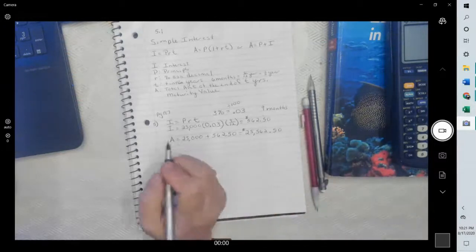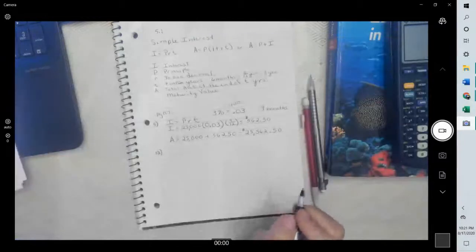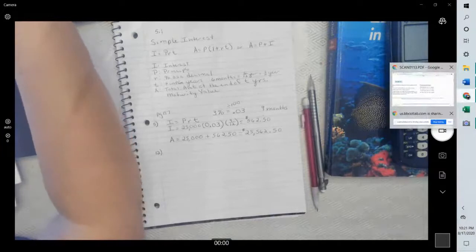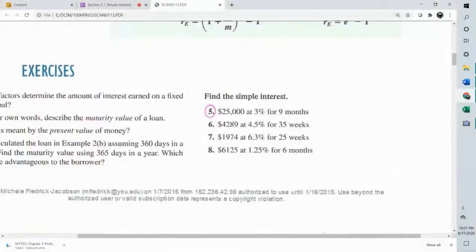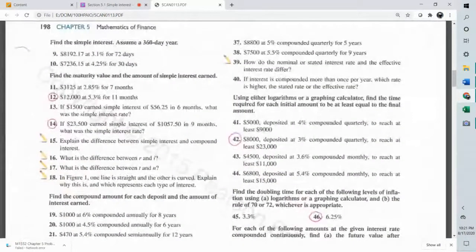Let's try another one. Number 12. Find the maturity value and the amount of simple interest earned. $12,000 at 5.3% for 11 years.